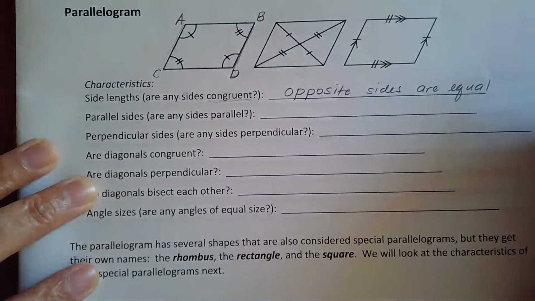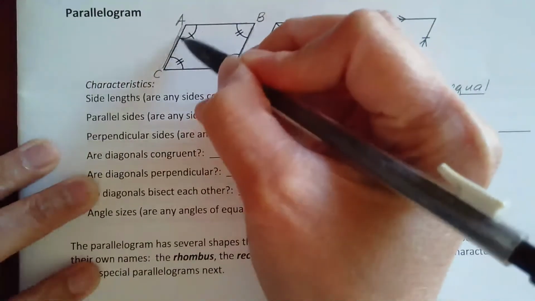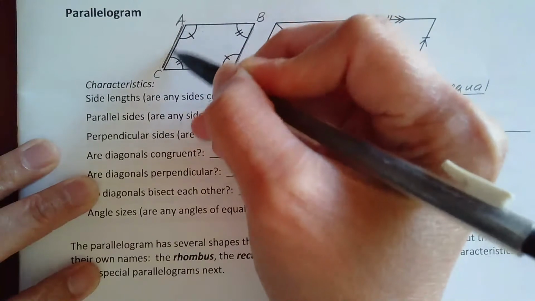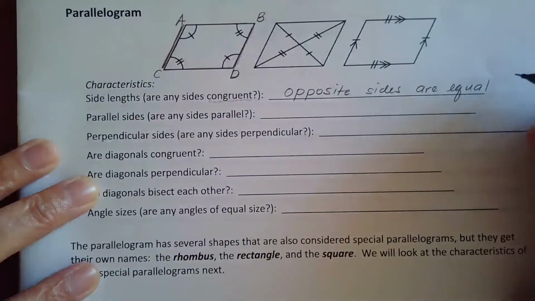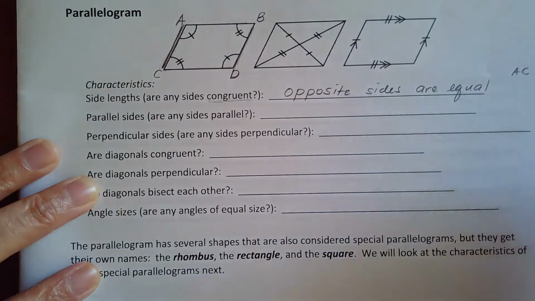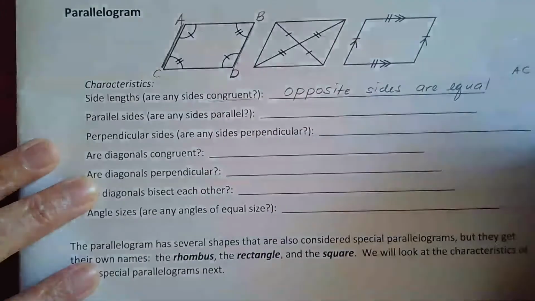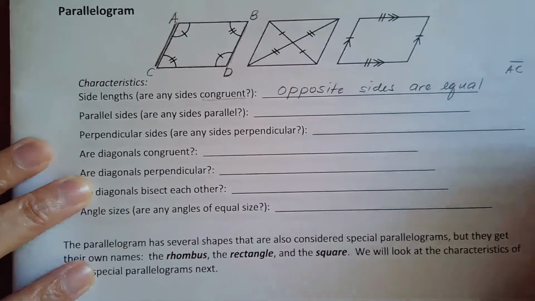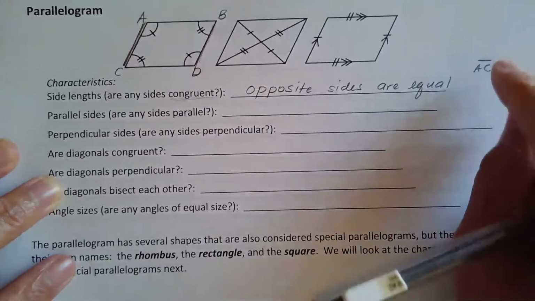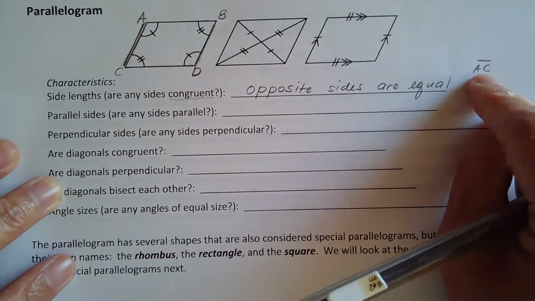This side is called side AC. I put a bar on top to show that it's a line segment.